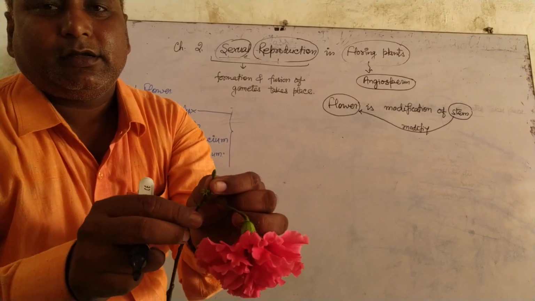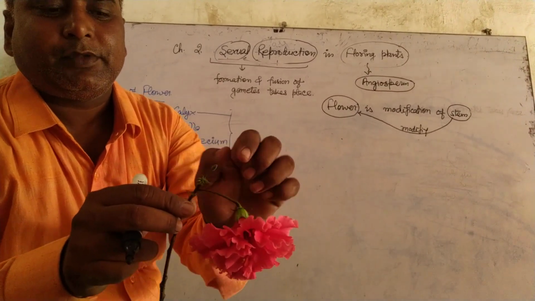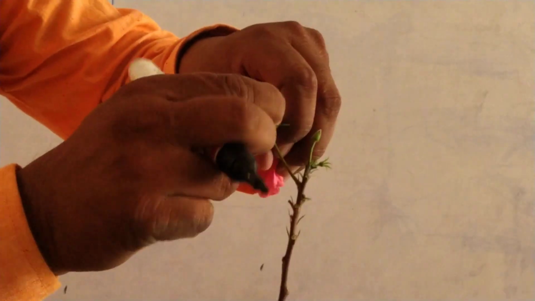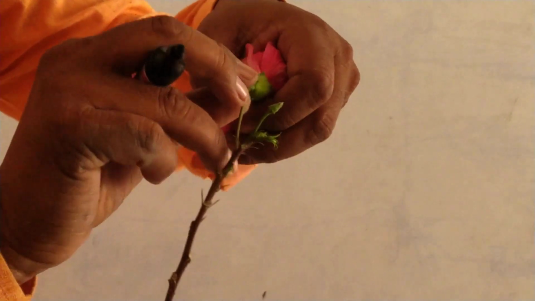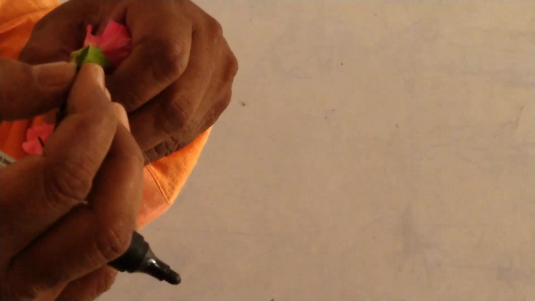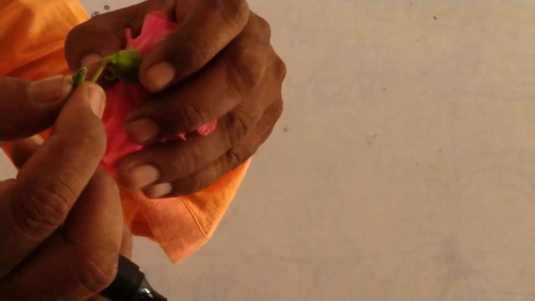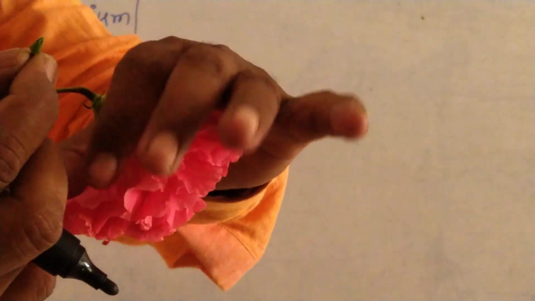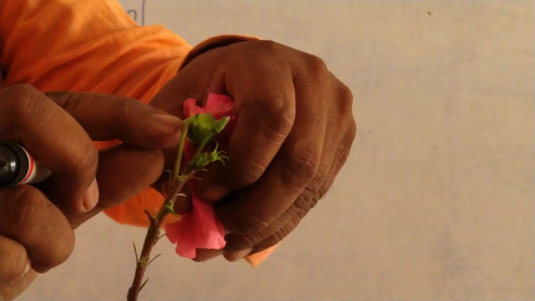See here, this green part, and this green part is here. You see very carefully this portion. In the primitive stage it covers the bud, but after maturity it breaks down.